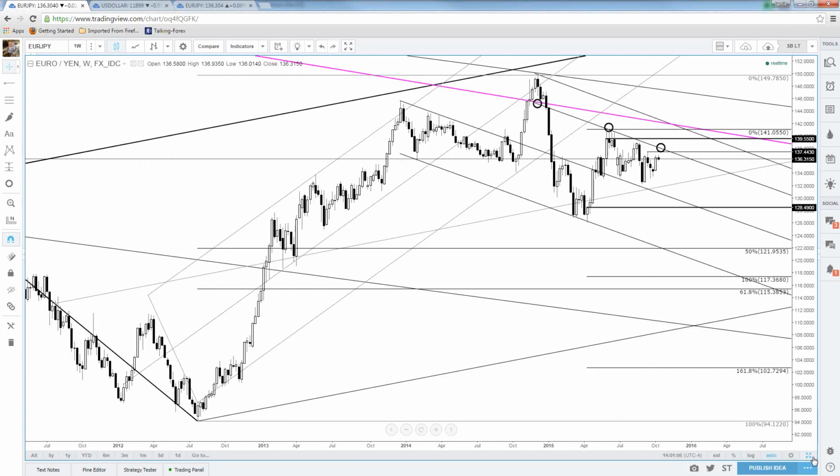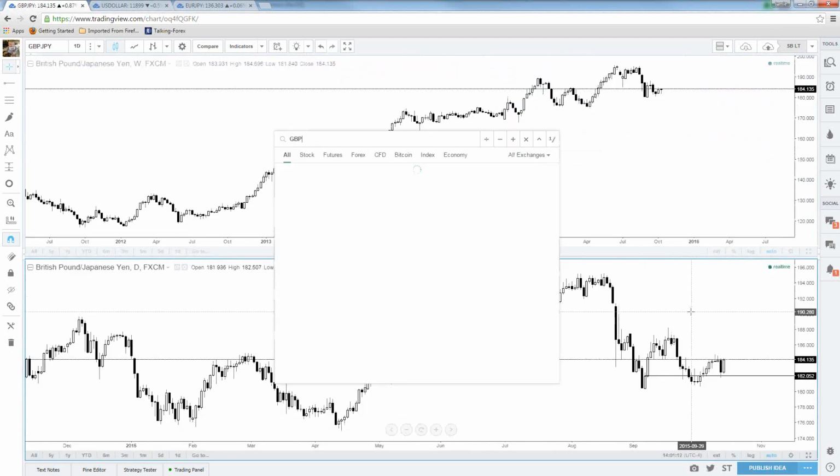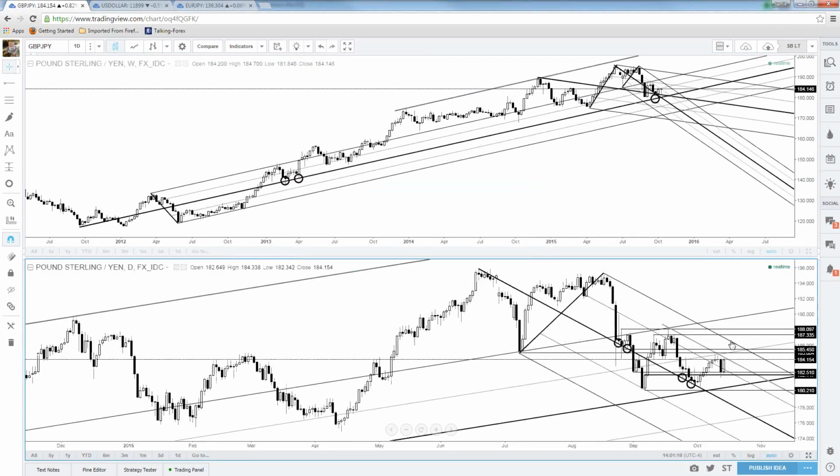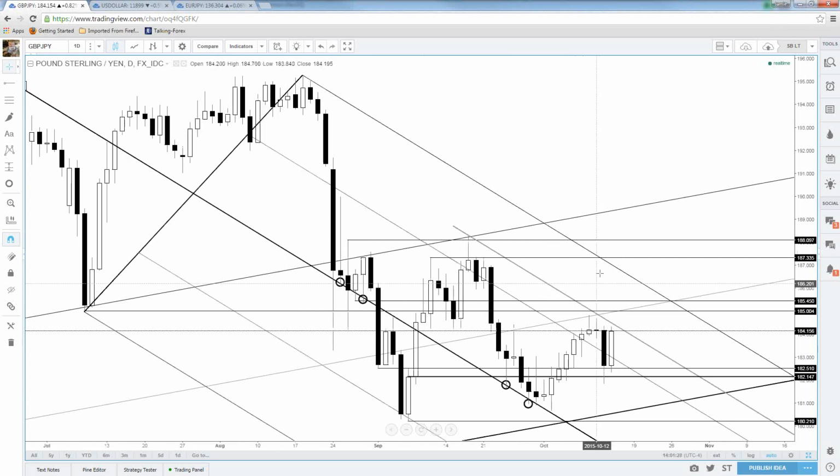Pound yen. Glad you actually brought up euro yen, because it reminded me of pound yen. Pound yen is one of the more interesting markets right now as far as the slope's concerned. Yesterday I was tweeting out about daily reversal support at like 182.05, and you can see we actually slid below it, but now we've popped higher.